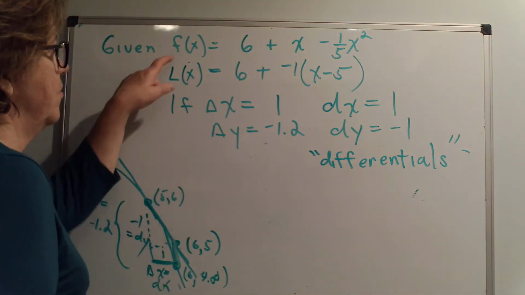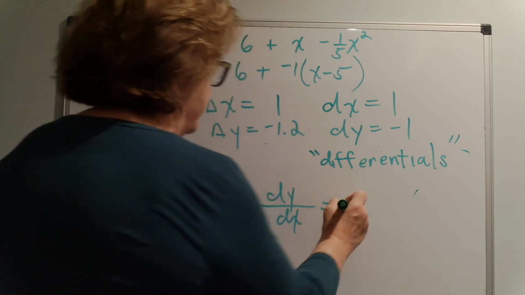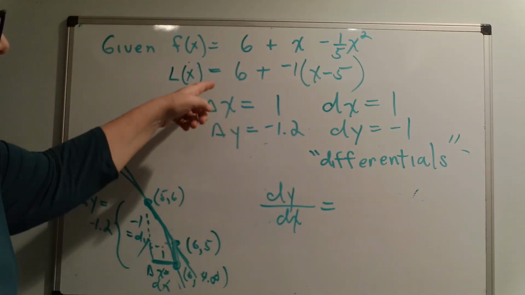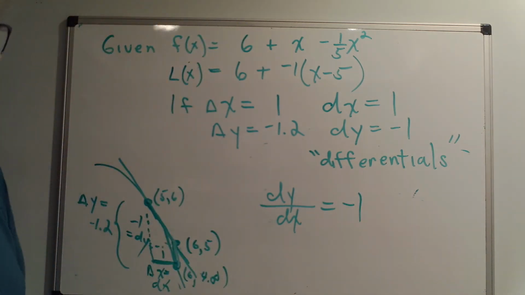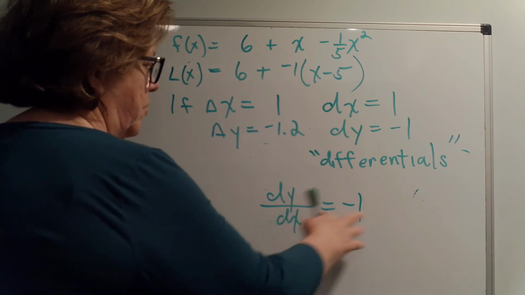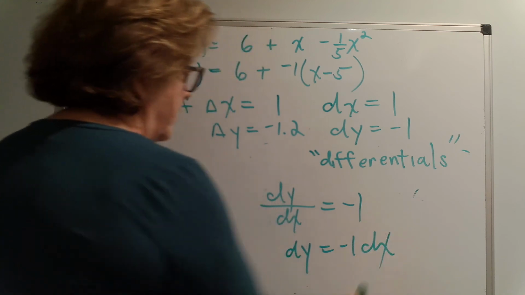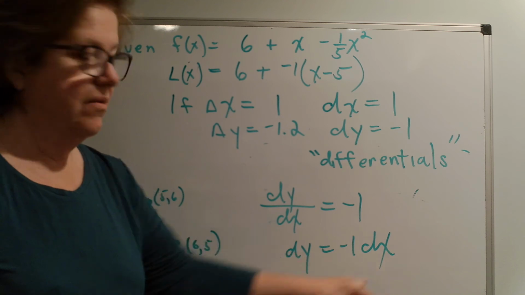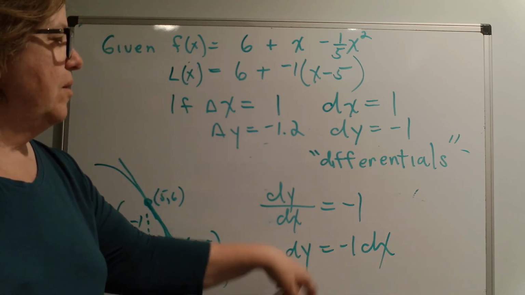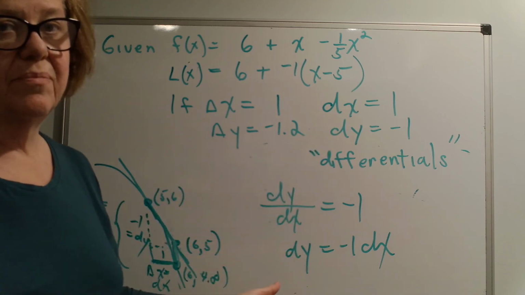And notice, if we go back to the original function and talk about dy dx, what was dy dx at x equal to 5? It was -1. So we can multiply both sides by dx. And we're saying that given a change in x, we know what the approximate change in y is going to be, because that's the slope.